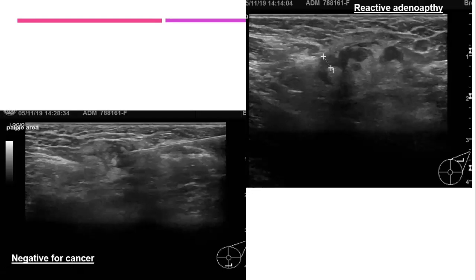So they decided to do a biopsy. They did a biopsy of the left axillary lymph node, as well as blindly from the exact location of the left breast asymmetry. The result was negative for cancer in that region, because they said there was no abnormality, just taking blindly from that region. And from the lymph node, the result was reactive adenopathy.